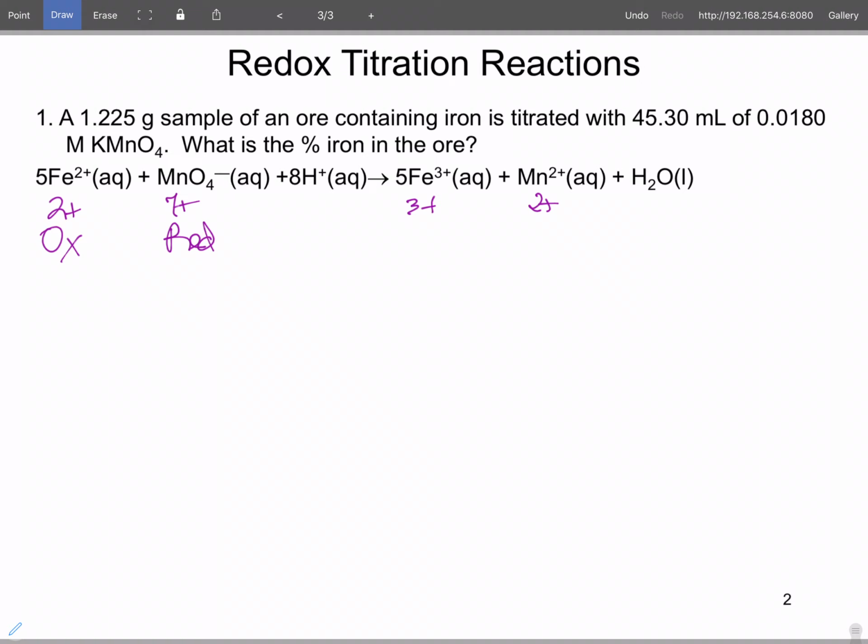So what we're trying to do is find the percent iron in the ore. So what we're really trying to do in our first step is to determine the grams of iron. Remember, when you do stoichiometry and concentrations, you're always going to start with the amount present.